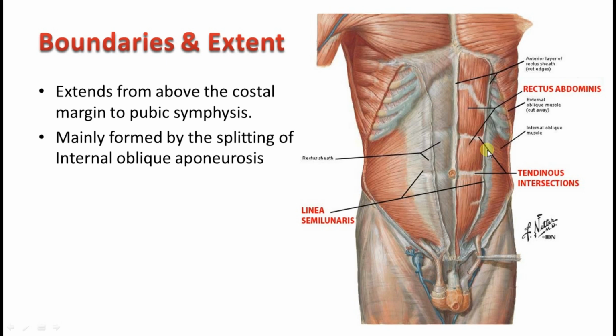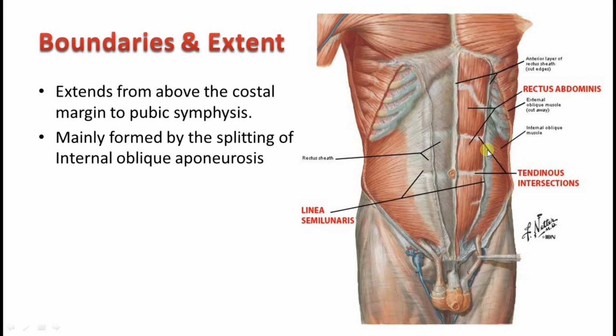Is it only this muscle alone that takes part in the formation? The answer is no. This is reinforced in front by other muscles and also behind by other muscles. But the principal structure, the main part, is contributed by the internal oblique, the splitting of its aponeurosis into an anterior lamella and a posterior lamella.